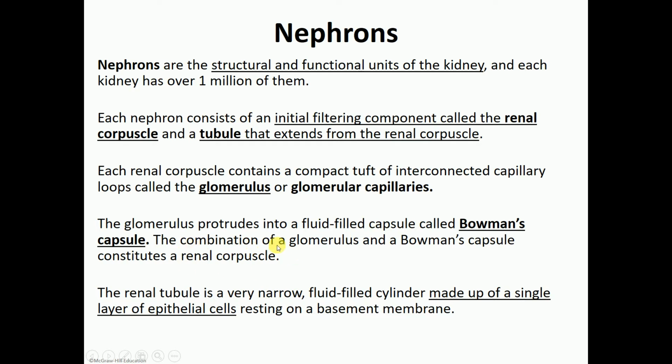So the renal corpuscle is the glomerulus surrounded by its capsule. And then from that capsule, that one layer of epithelial cells keeps on extending beyond the renal corpuscle and becomes the tubules.